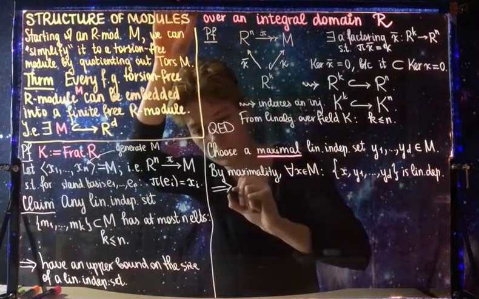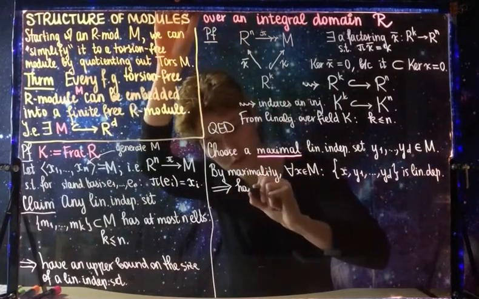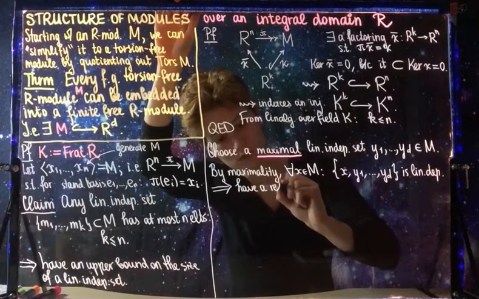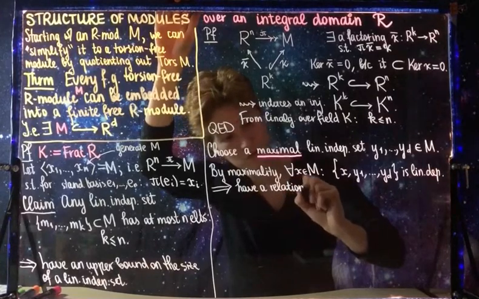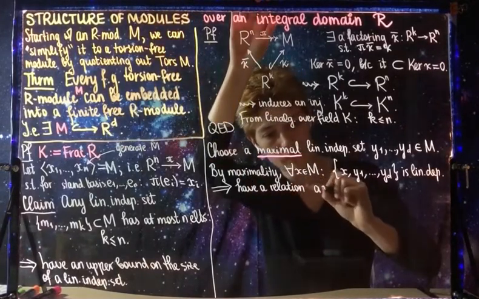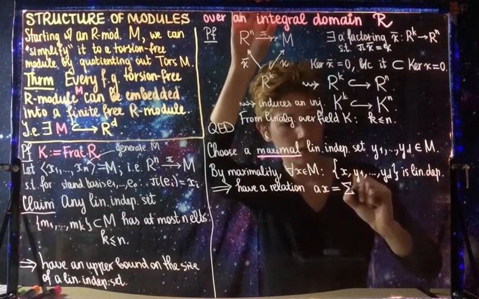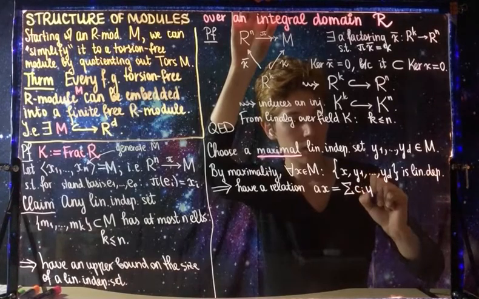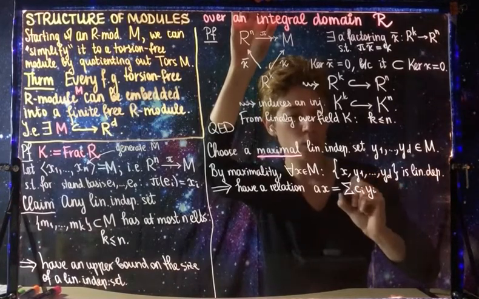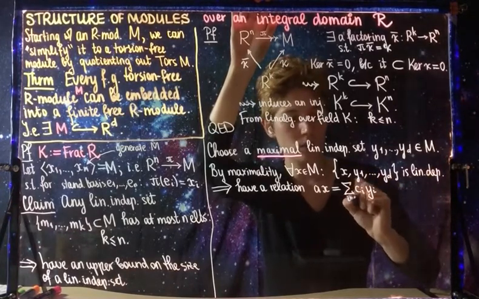So we have some relation that ax is equal to the sum of ci yi, where i goes from 1 to d.